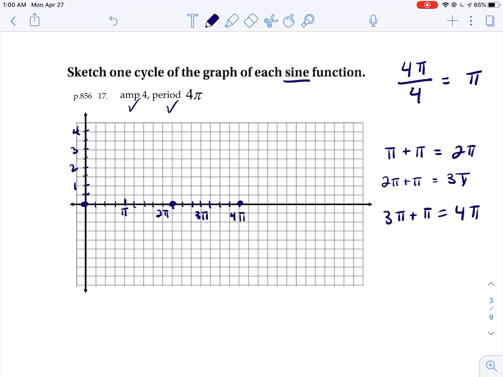So I'm going to skip 2 boxes. So 1, 2, 3, 4. Now I'm doing this just so I can spread out the picture. Of course, you want to fit it to whatever graph paper you have. Okay, but at pi, right, I'm going to plot my maximum. At 3 pi, I'm going to plot my minimum, which is -4.